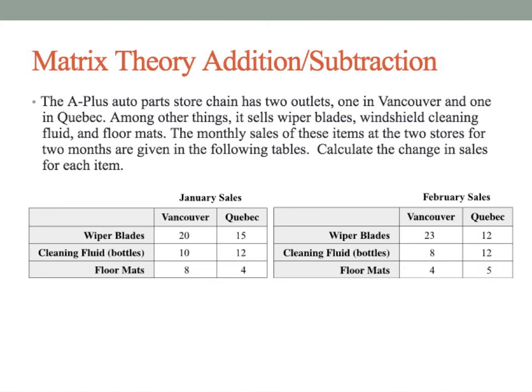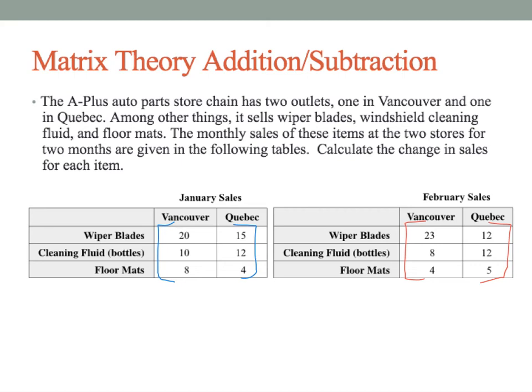So we can really just draw the brackets around here, but I will rewrite them. There's the first matrix, so there's January, and here's February. What we'll do is take the difference from January to February.